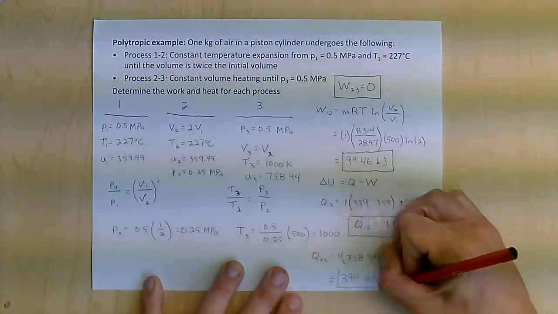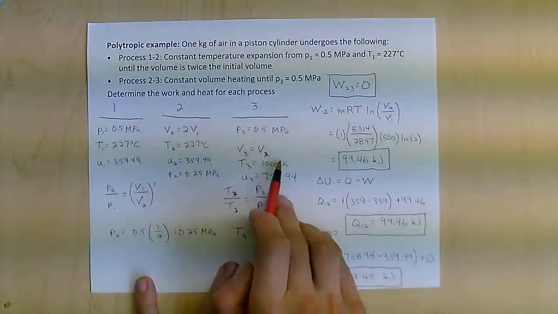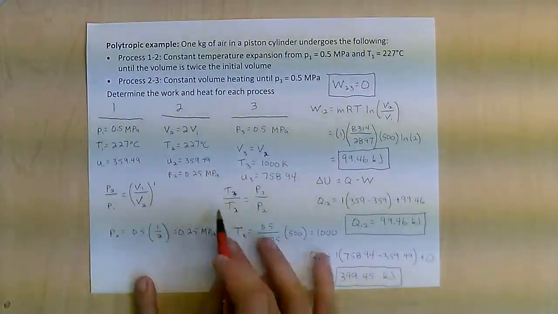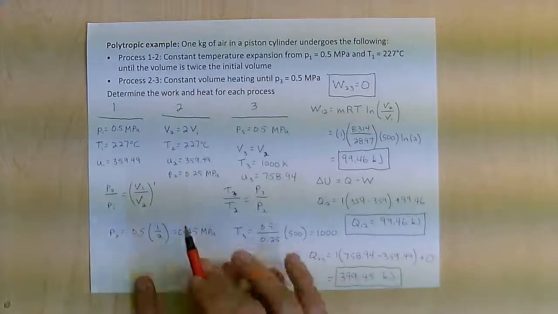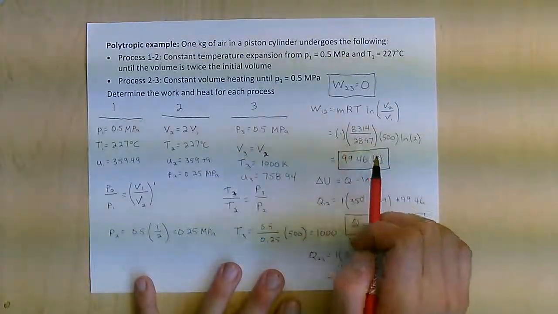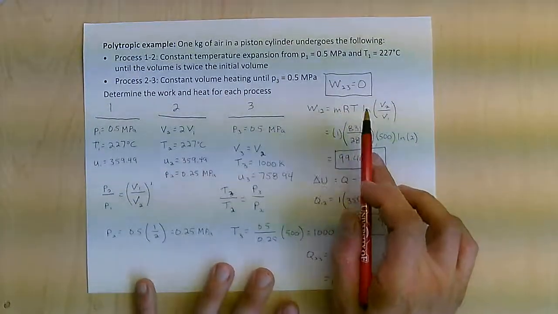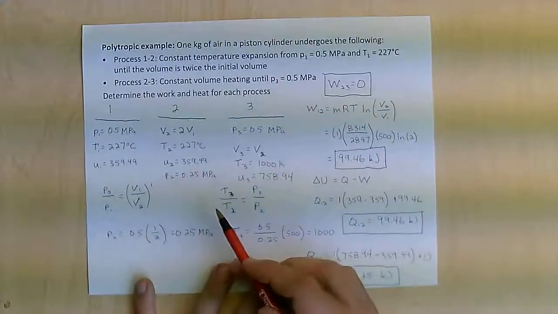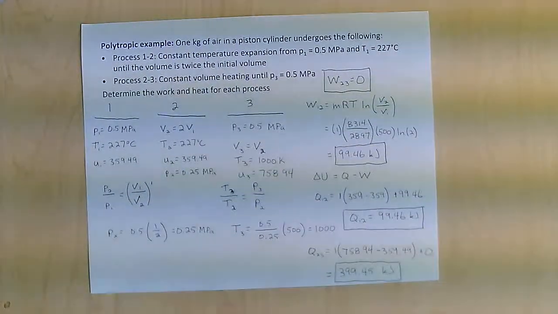So as with all problems, set your states and find your U values. In order to do that, I need my T values, so I use these relationships for ideal gas to find those. Once I have all of that, I can calculate my work. This is for ideal gas isothermal, and this is 0 because it's constant volume. Then once I have my works and my U values, I can calculate my heats.